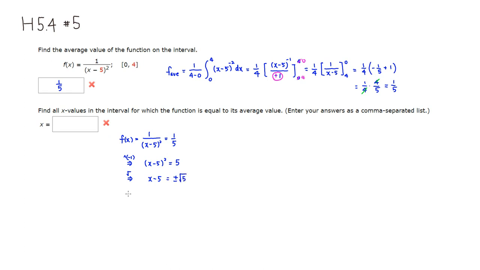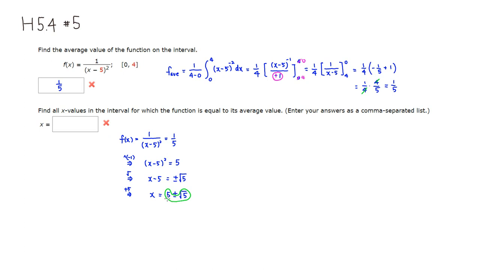Then we can just add 5 to both sides so that we have x all by itself. So you have 5 plus or minus square root of 5. But since the interval is from 0 to 4, 5 plus square root of 5 is way too big, so we just need to take the one with the negative sign.